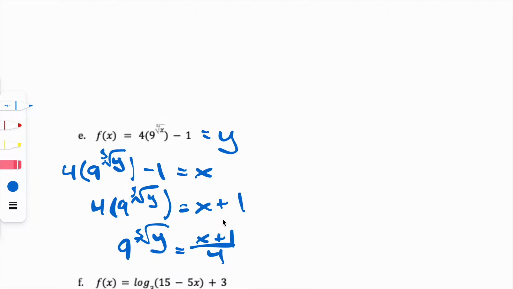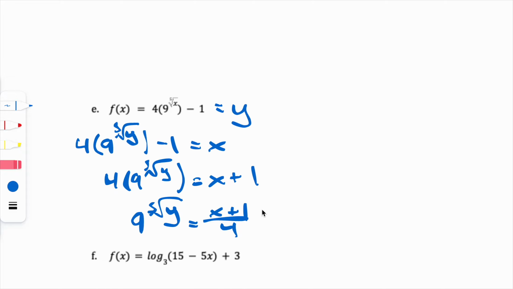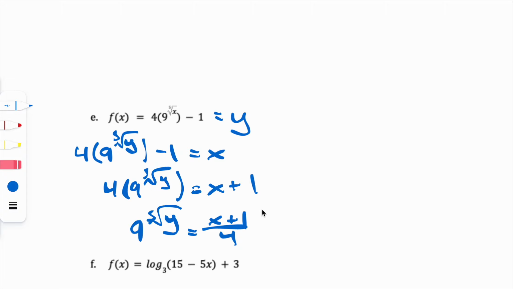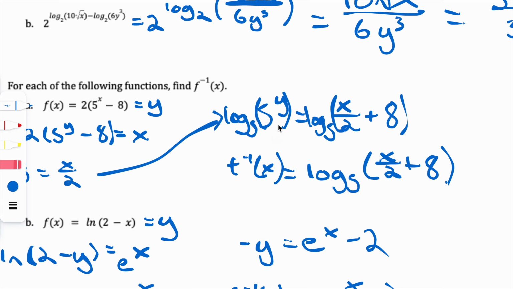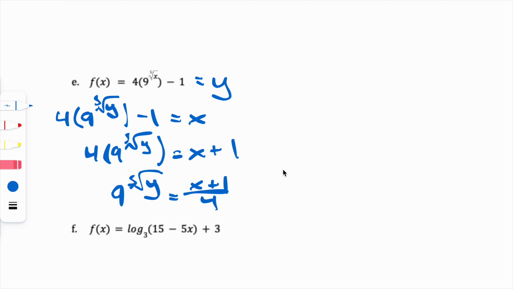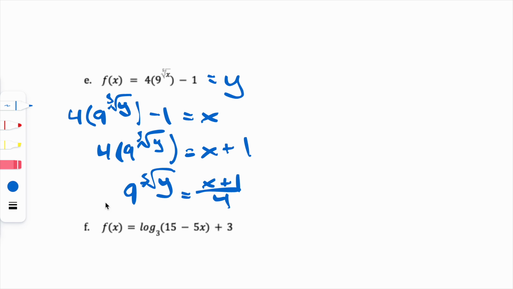Now, this is a little complex, but when you're in this situation, think back to what we just did up here. When we had 5 to the y power, we took log base 5 of both sides to get that exponent by itself. And so here, we'd want to take log base 9 of both sides.